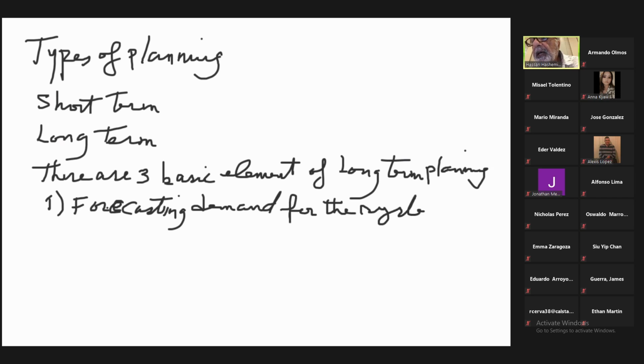So we have to figure out, if I'm building a highway from A to B, how many cars are going to use that section of the highway 25 years from now if I build that. So I have to forecast that, estimate it, and we'll talk about how to forecast later on.